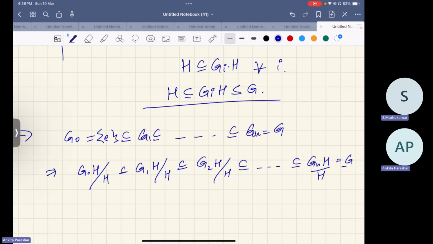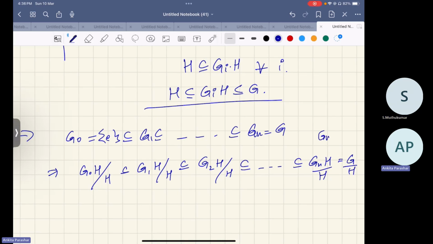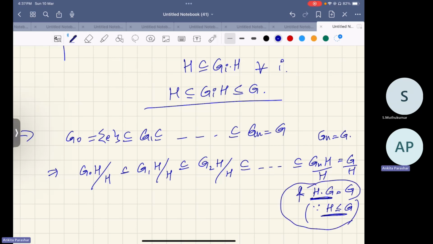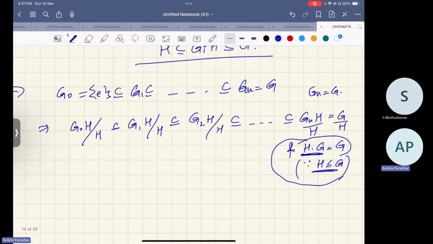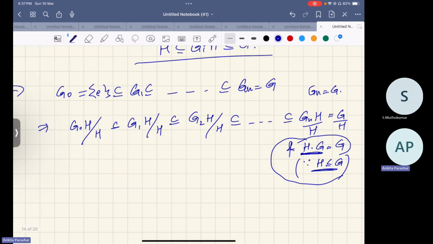And this is nothing but G/H. Why? Because your Gn is G, and H·G is G because H is a subgroup of G. If you take the product H·G, since H is contained in the whole of G, the product will be nothing other than G. So at least the chain is okay right now?